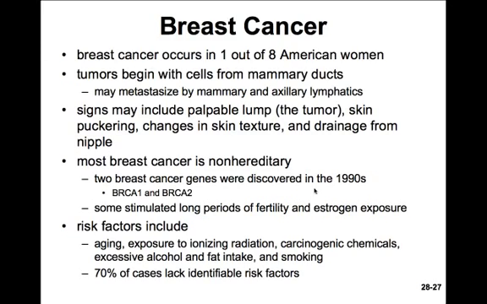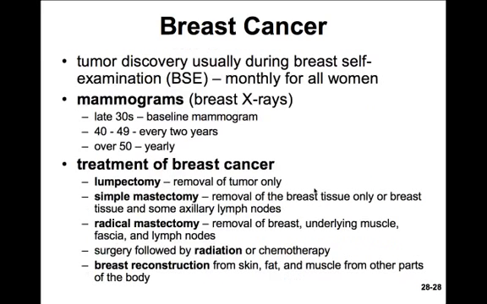Other factors include aging, exposure to ionizing radiation, carcinogenic chemicals, excessive alcohol intake, and excessive fat intake, as well as smoking. 70% of cases seem to lack any sort of identifiable risk.